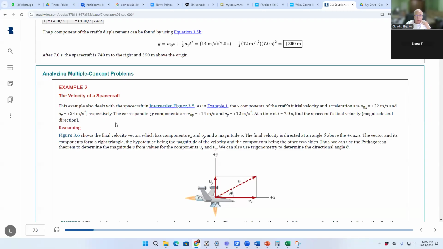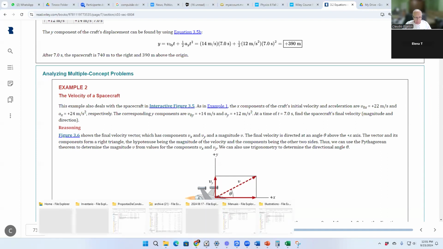Hi, Professor. Hello. I have a question about the lab. How do you find the CL, the minimum and maximum? Okay, so let's do that.